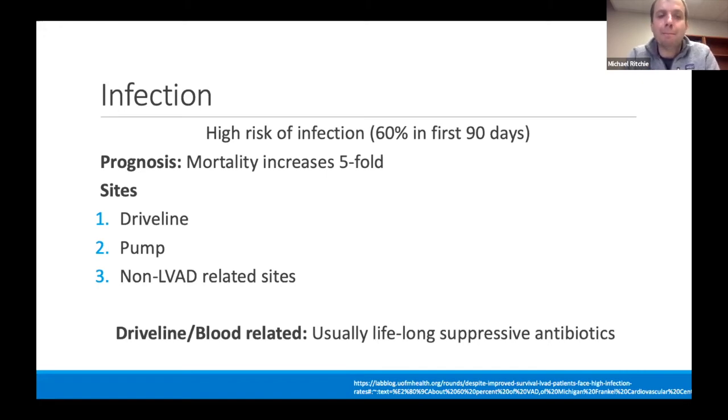And then you can get pump infections, where if you get bacteremia, it's going to seed into the pump. If they have a driveline infection or bacteremia, then it's usually recommended that they get lifelong suppressive antibiotics. And obviously, if you're having a chronic infection that you can't get rid of because of the device, then your mortality is going to be higher.